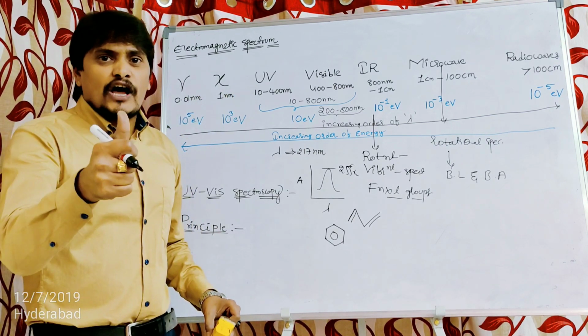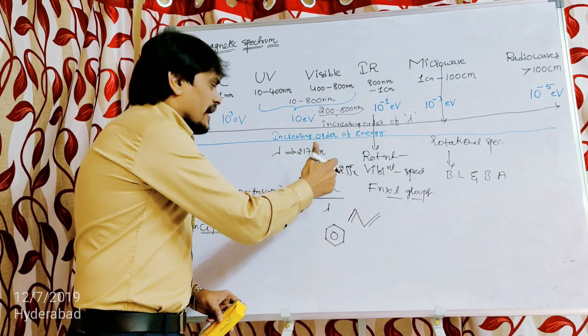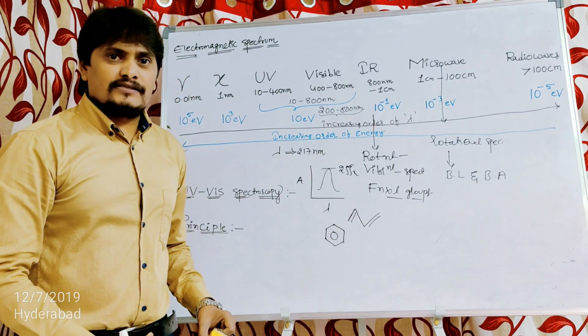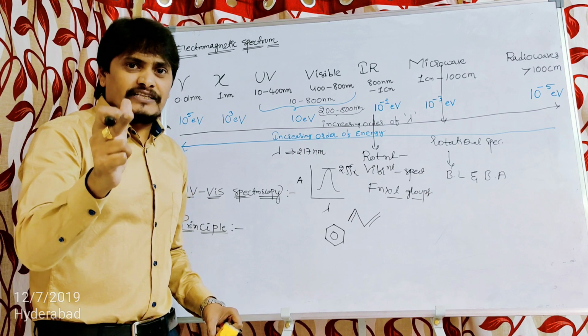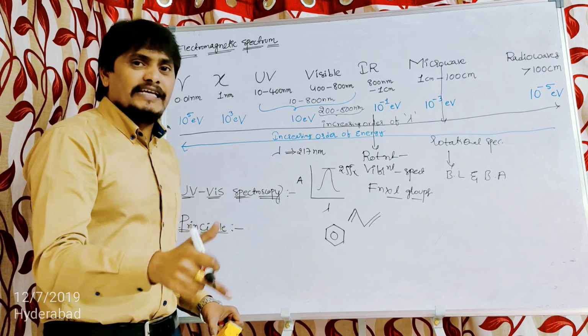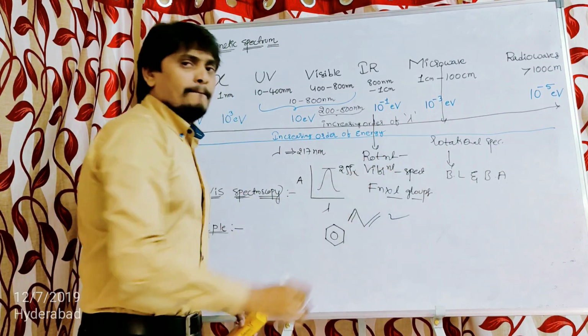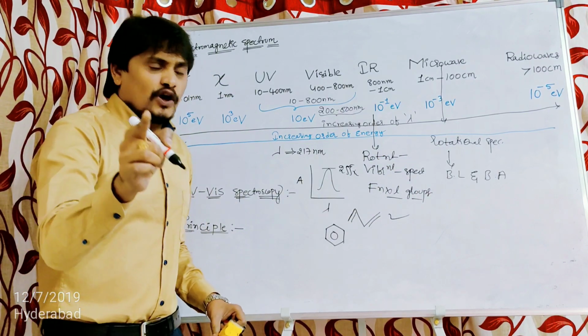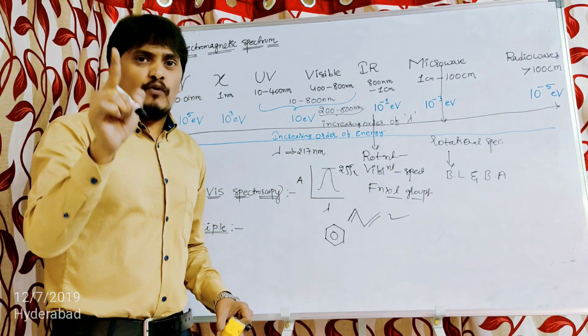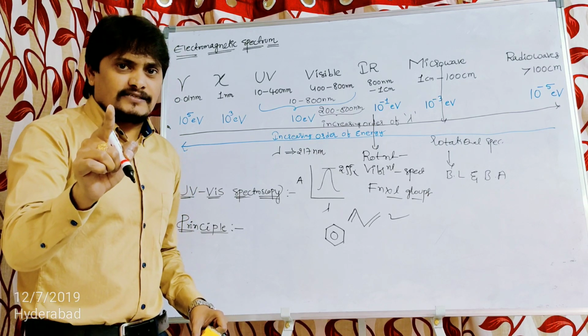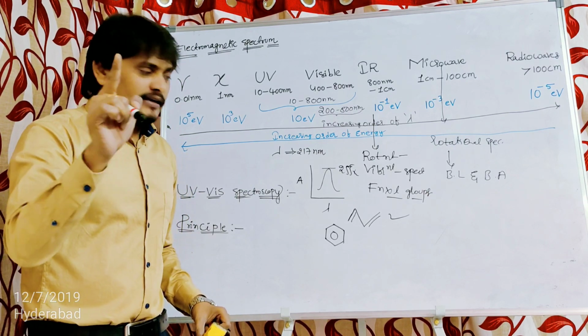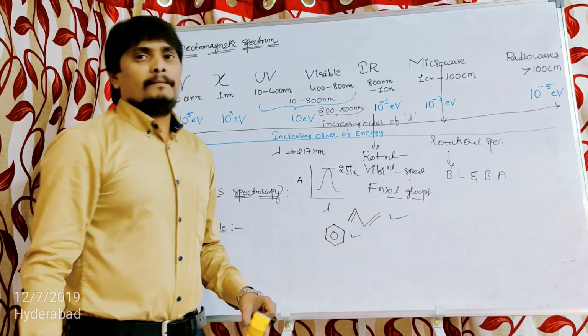If the band is absorbed at 270 nanometers, then it tells us that our sample is 1,3-butadiene. If the band is absorbed in the UV visible spectrum at 255 nanometers, it means our sample is benzene.